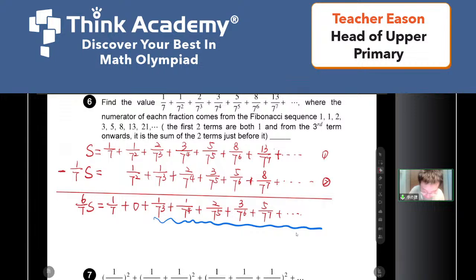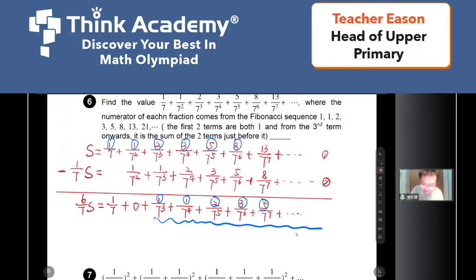The numerator 1, 1, 2, 3, 5 is still the same, right? The numerator is still the Fibonacci sequence, because it's the difference between two adjacent forms of the Fibonacci sequence, and following the rule, so it must be a Fibonacci sequence.